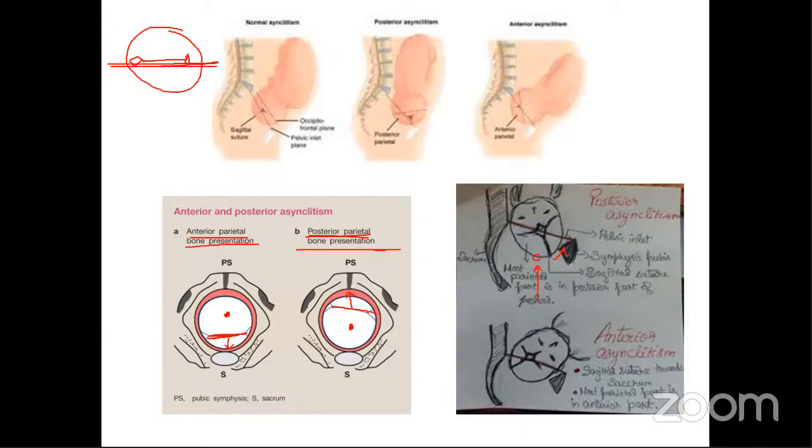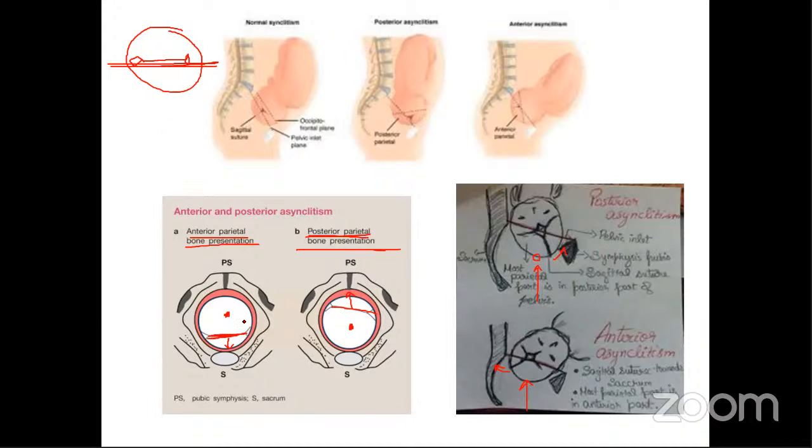When it is anterior asynclitism, the suture is towards the sacrum, and what you can feel on pelvic examination is the anterior parietal bone of the baby, right? So this is anterior asynclitism. Is it clear to all of you?